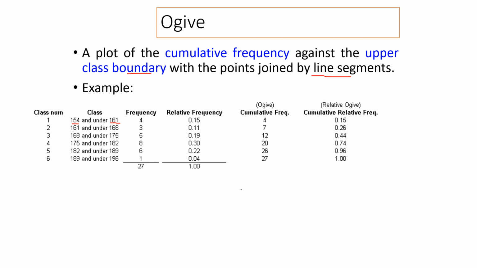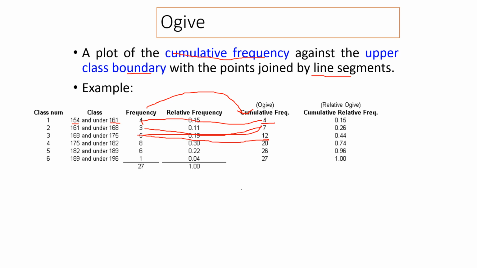Count the frequency, and the OGIVE is the cumulative frequency. The cumulative frequency is this one: 4, then 4 plus 3, you get 7 in here, 7 plus 5, you get 12 in here.